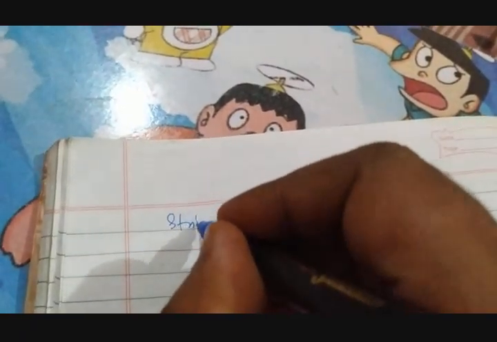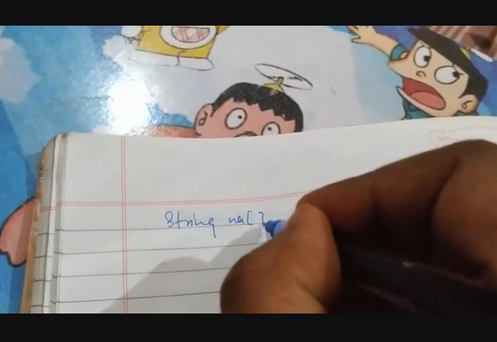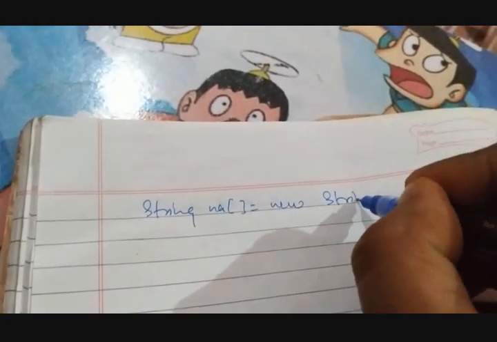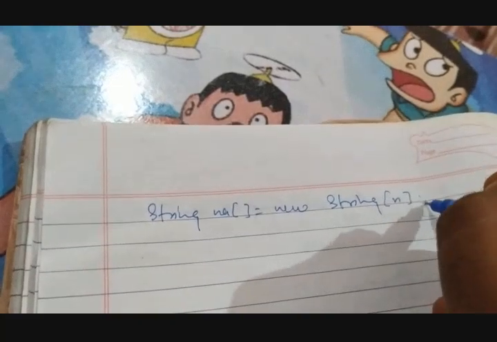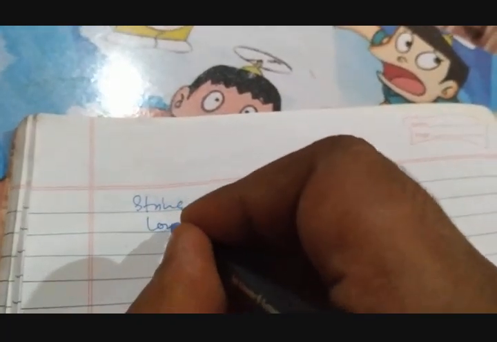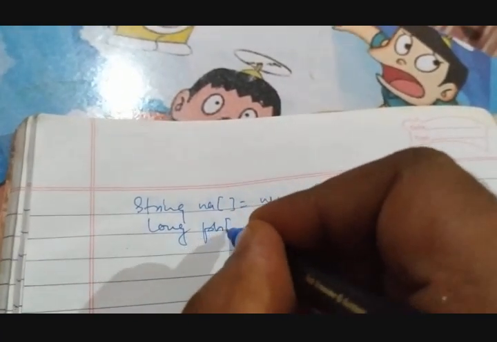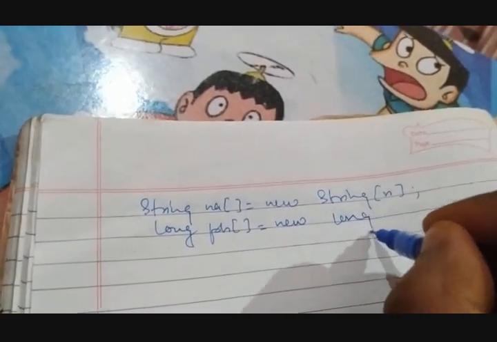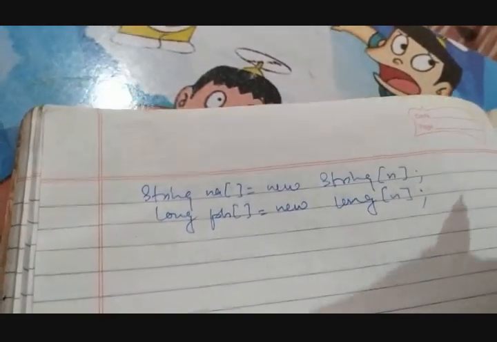Now we will create the arrays. String name array equals to new String n and long ph array equals to new long n.